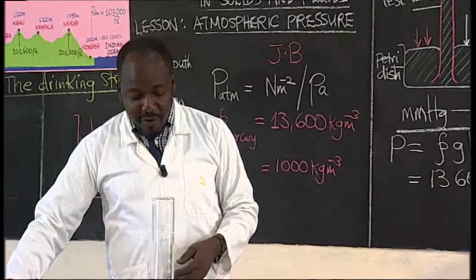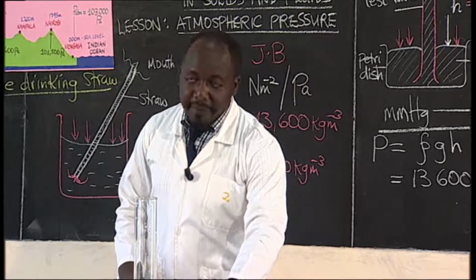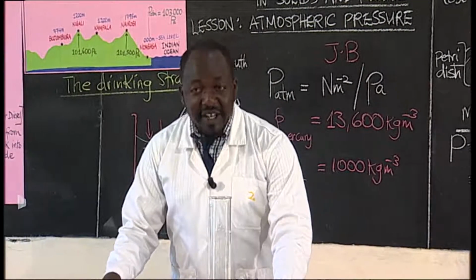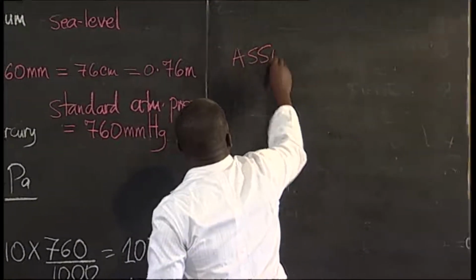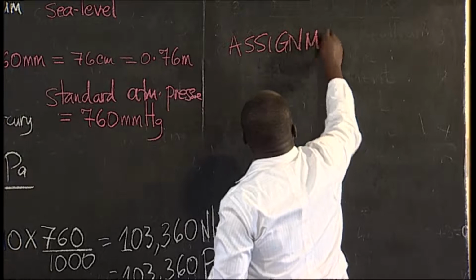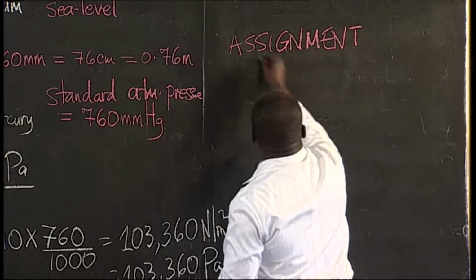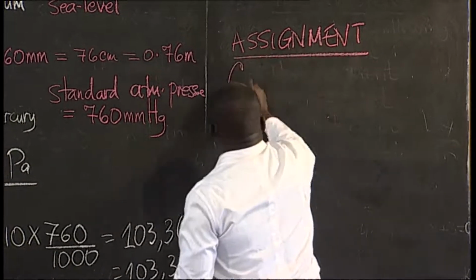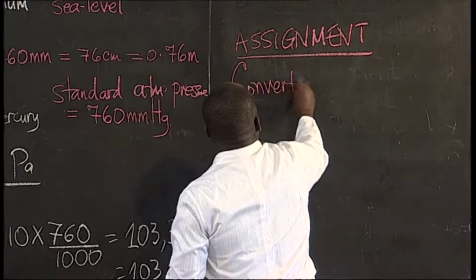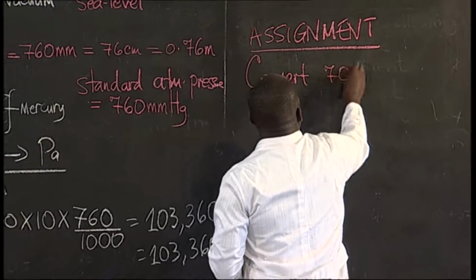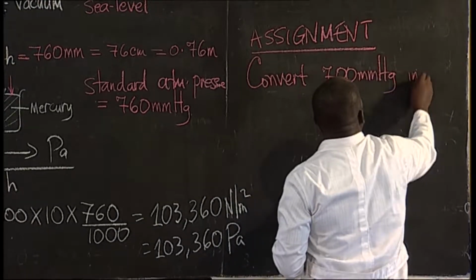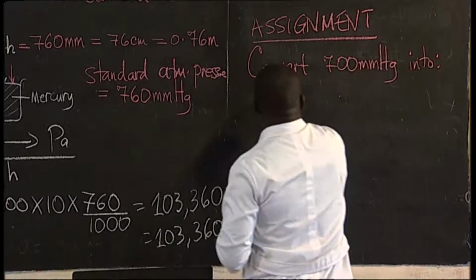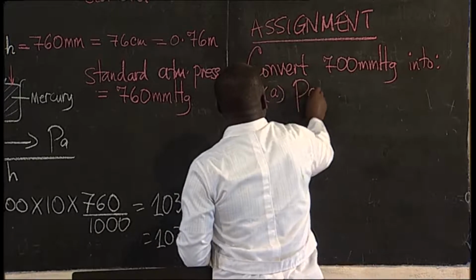And so I'm going to leave you with a simple assignment, which you can present next time. And the assignment we have: I want you to convert 700 millimeters of mercury into pascal.